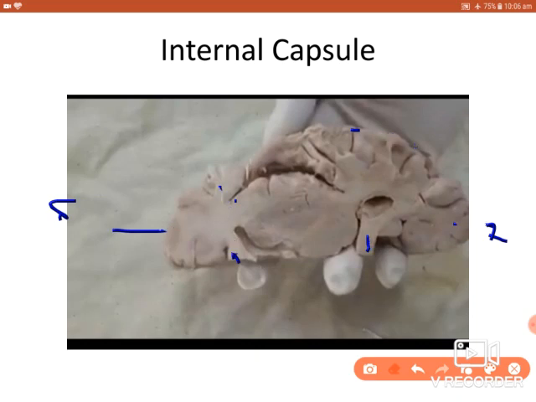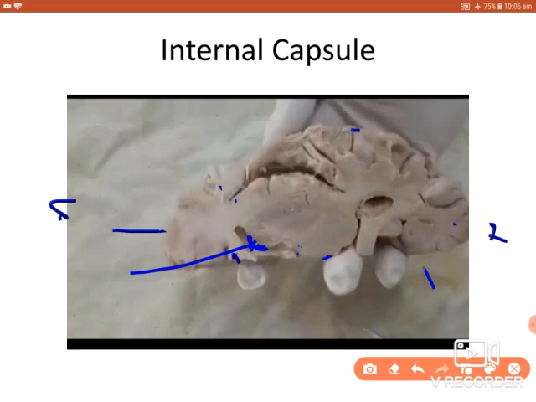Then you can see this is the anterior horn of the lateral ventricle. This is the posterior horn of the lateral ventricle. Here we get the thalamus. Here this is the caudate nucleus. Between the thalamus medially and the caudate nucleus, you can see there are white fibers.